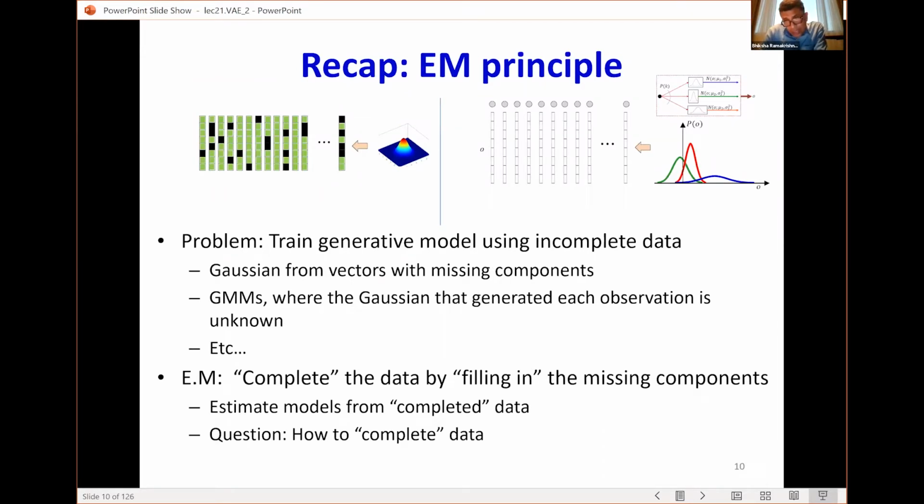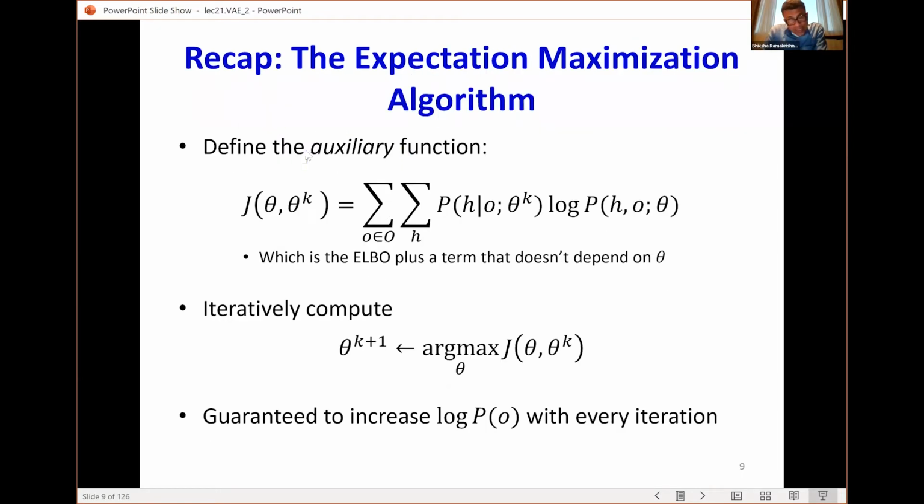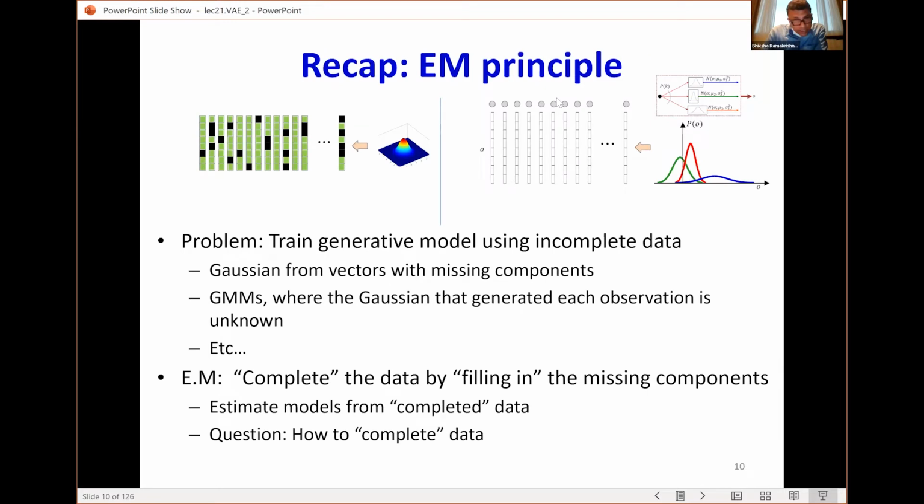And then we went back and tried to understand what this really meant. The problem was that we were trying to train generative models using incomplete data, like incomplete vectors or observations where the other variables drawn by the generating process were not observed. And what expectation maximization was doing was to complete the data by filling in these values that had been masked.